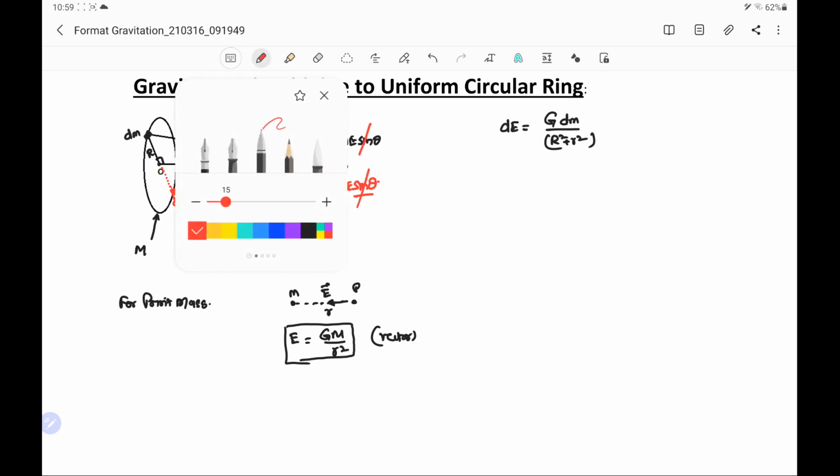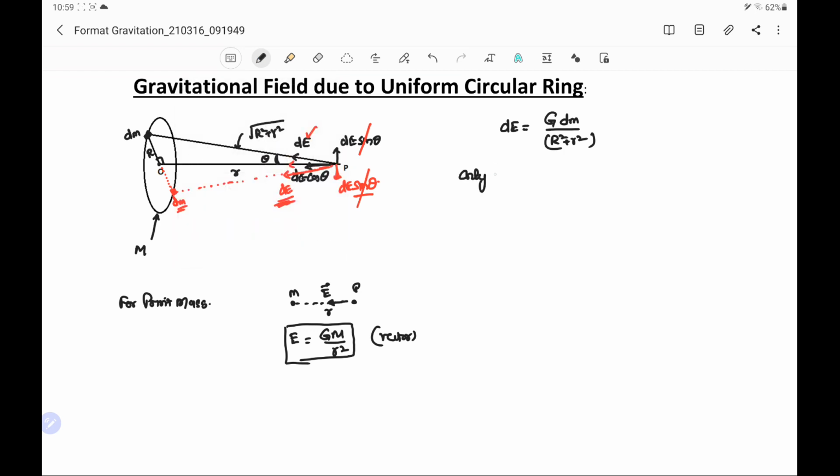Overall, it concludes that the only component of dE which contributes to the net field is dE cos theta.